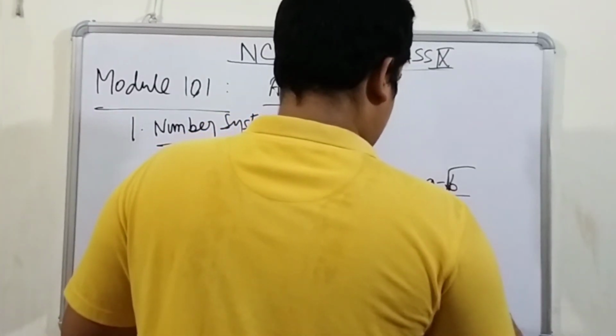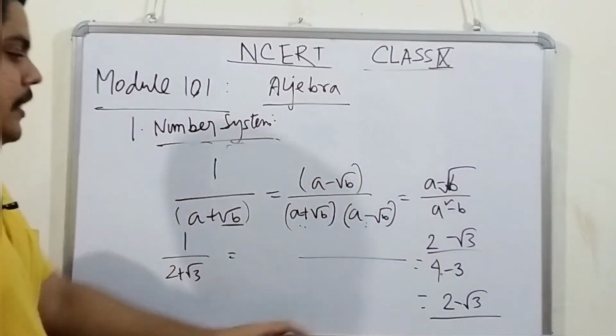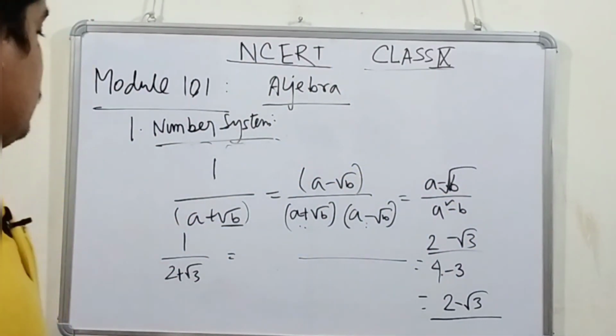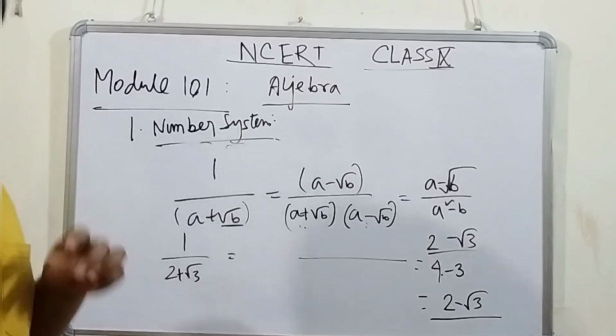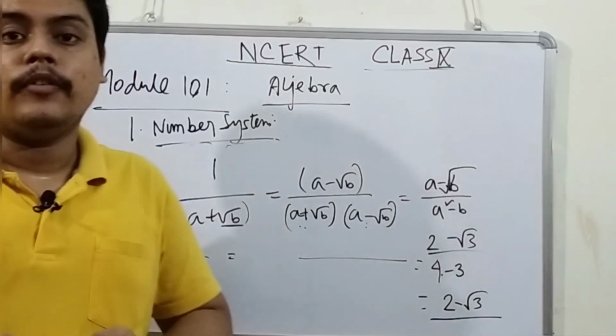So 4 minus 3 is 1 and 2 minus root 3 at the top. So that will be the value. So it's a very simplified value we are getting after this. So this is the rationalizing of the denominator. Later on we will do some more problems.